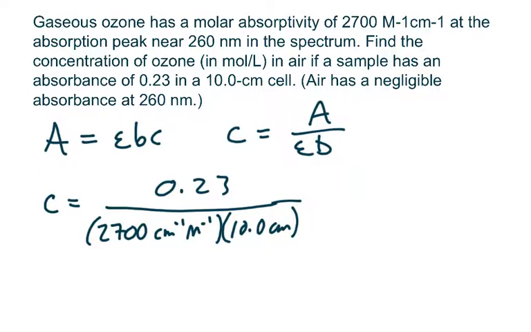The centimeters will cancel out. We have 1 over per molar, that's molar, and we just get 8.5 times 10 to the negative 6 molar. Okay, so there's all sorts of ways you can apply this, and it's very, very useful.